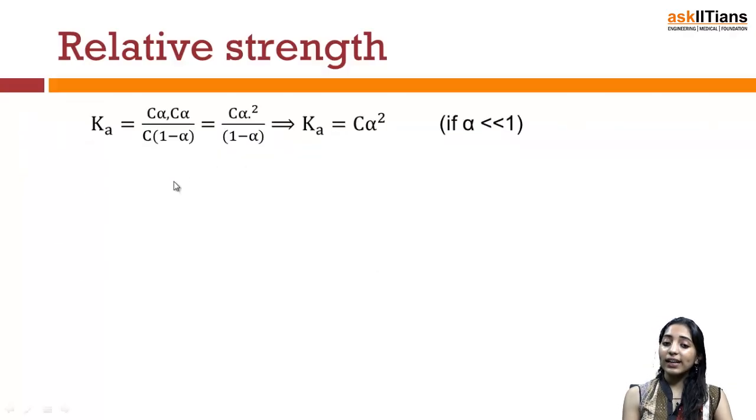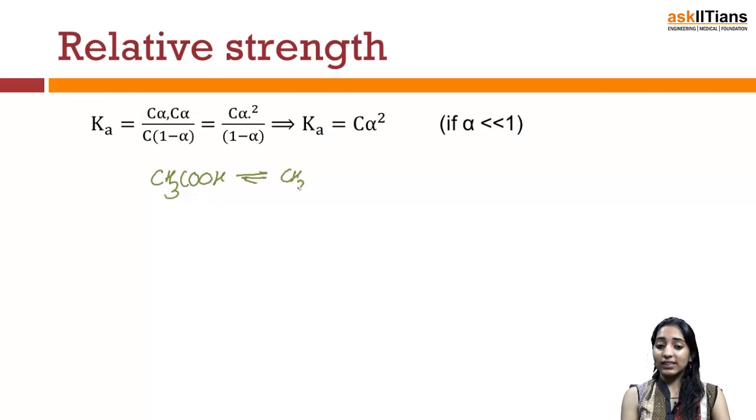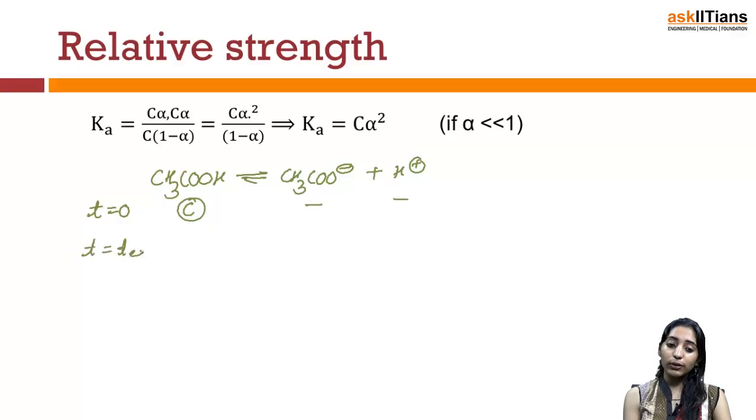If, for example, I consider a weak acid, acetic acid, with a concentration C, I can say that CH3COOH exists in equilibrium as CH3COO minus plus H positive. The concentration of CH3COOH is C at t equal to 0.